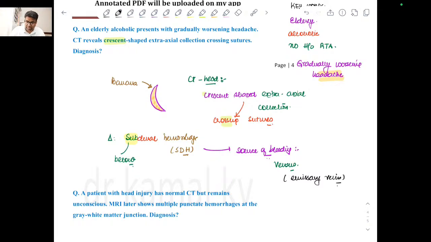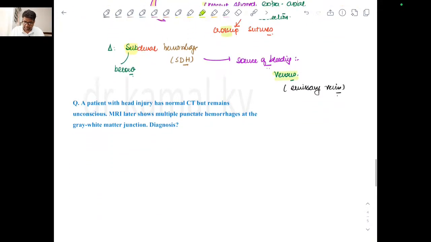So the basic difference between epidural and subdural is the source of bleeding. In extradural or epidural it is arterial, in subdural it is venous, from veins, right? So please remember these two are very frequently, any one of the two is definitely going to be there in your paper. The presentation might vary.